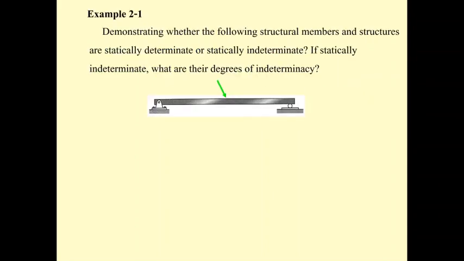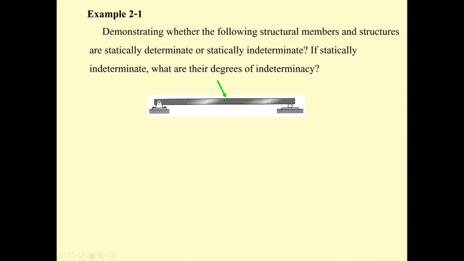Okay, let's take a look at this example. We will determine whether the structural member or structure is statically determinate or statically indeterminate. If statically indeterminate, what is the degree of indeterminacy? This is a simple beam subjected to the external green force.